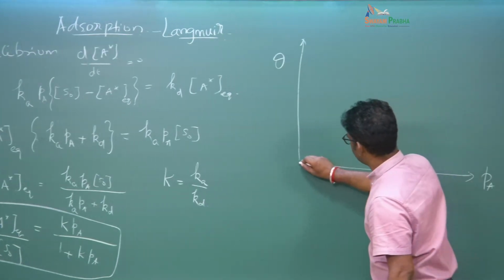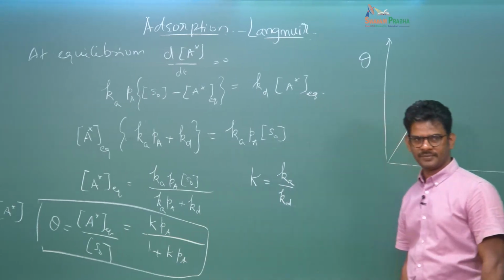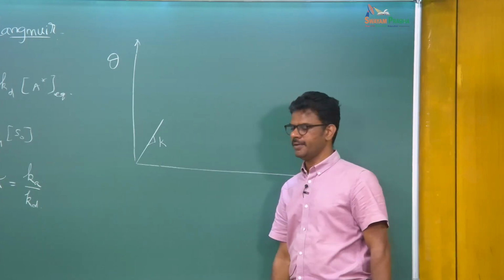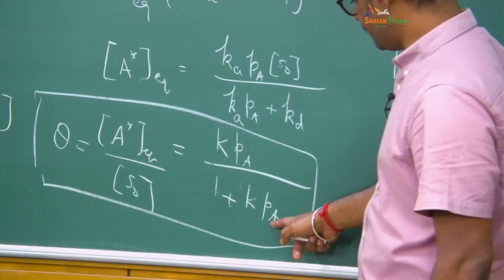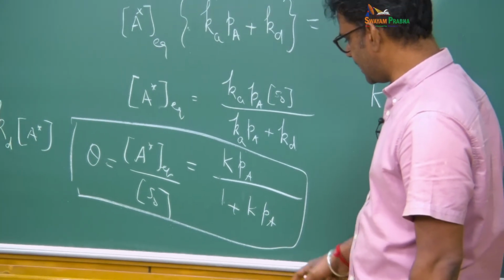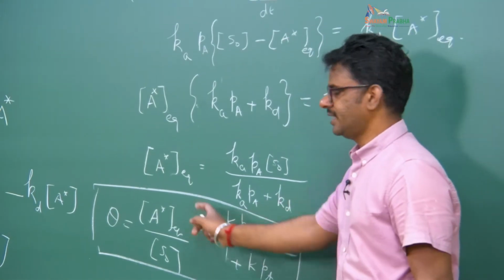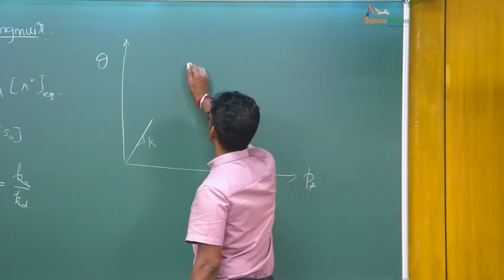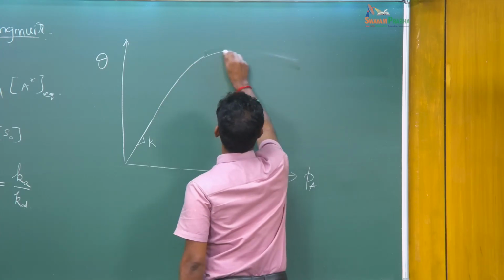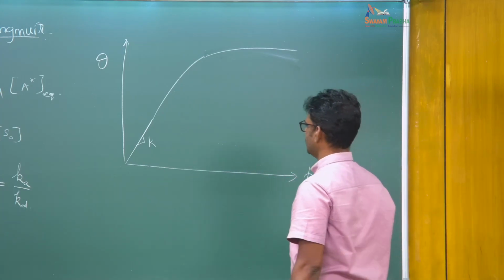So at very low Pa, it increases proportionally to Pa, where the slope here is the constant K. But when Pa becomes very large, the K Pa term is much more compared to 1, and you will see that the coverage basically reaches 1. So in reality you will see something like this.